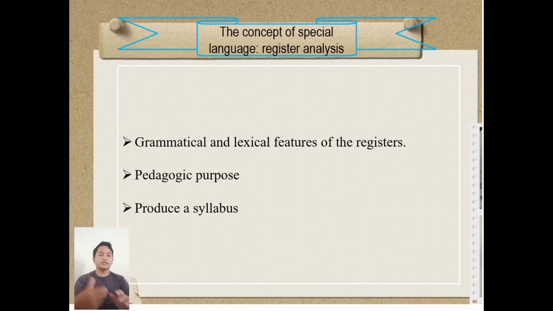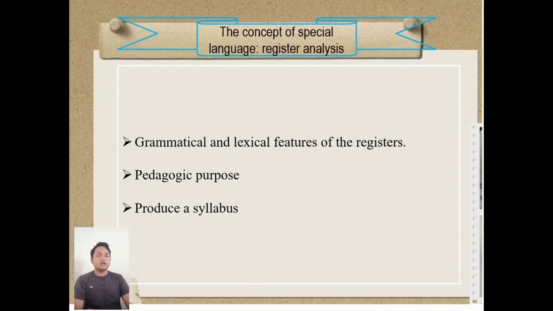After we know the grammatical and lexical features of the register, and after we know what students need in the class, for example in learning English, we have to make a syllabus for our direction in teaching, because the learning will run way more easily.